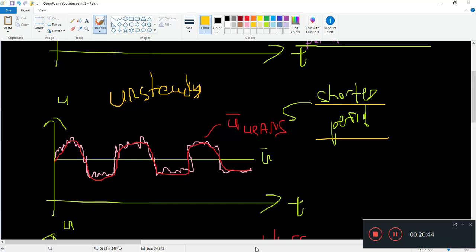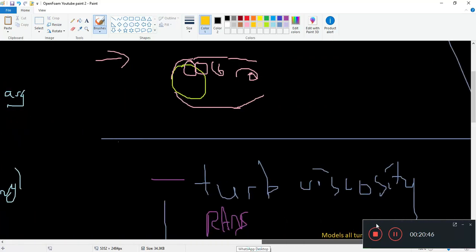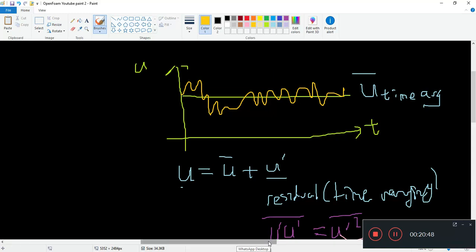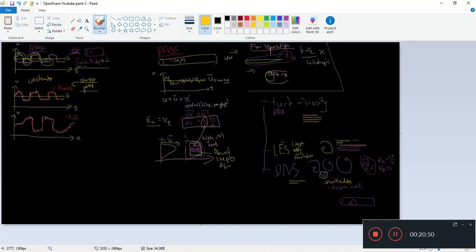Now, how about LES? How do you differentiate a large eddy from a small eddy? We'll have to separate out what is a large eddy and what's a small eddy, which eddies we resolve and which we do not.